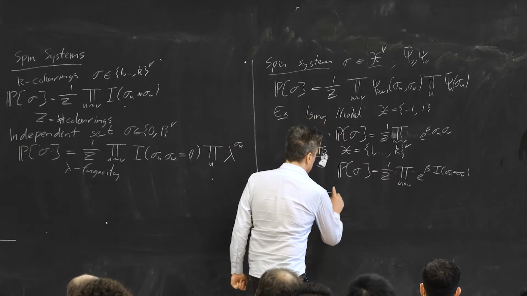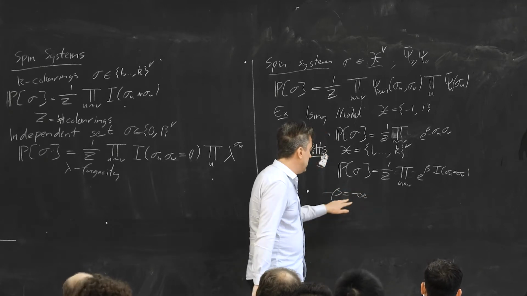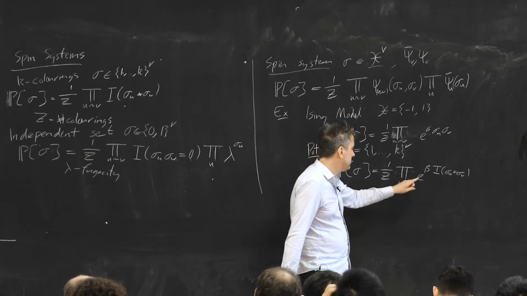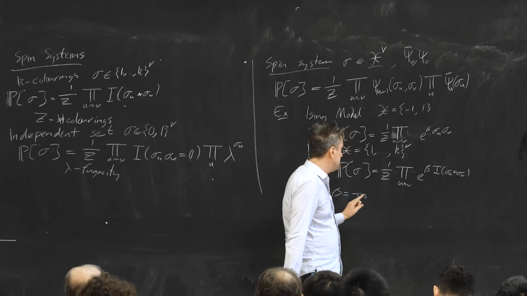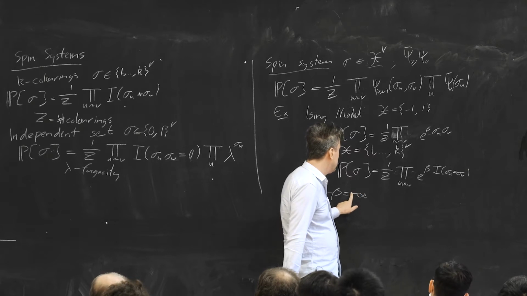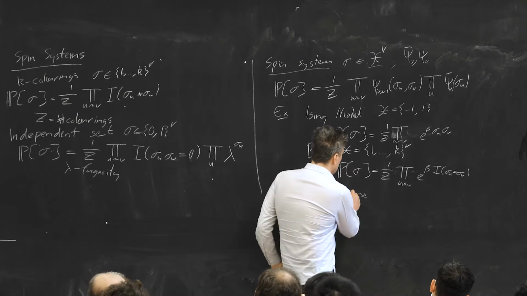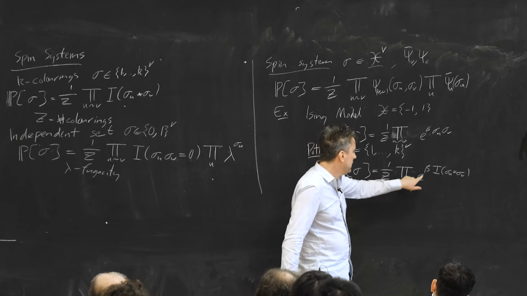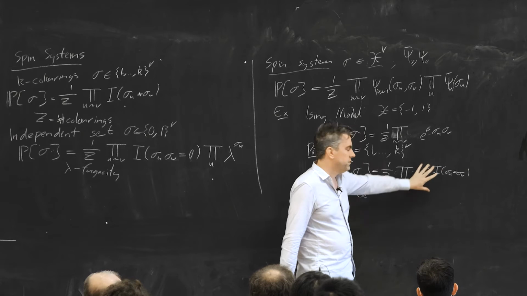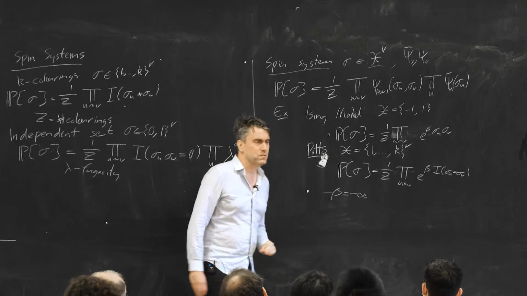In the case of beta equals -infinity, we get a 1 here if they're not equal, 0 here if they're equal. So this is just the coloring model.